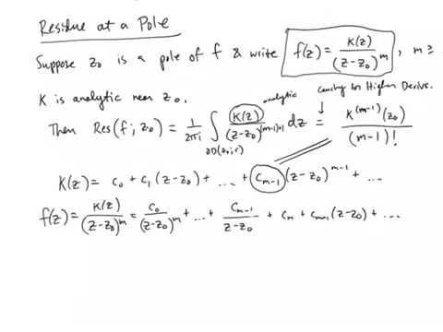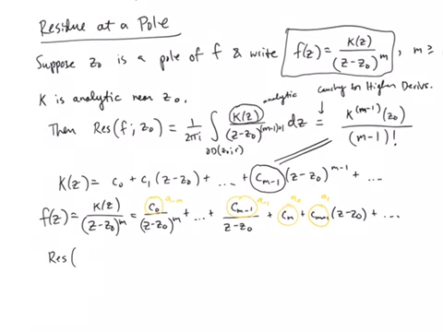And so we see that the residue, in the notation we were using before, this was a sub negative m, this was a sub negative 1, this was a sub 0, this was a sub 1, etcetera.